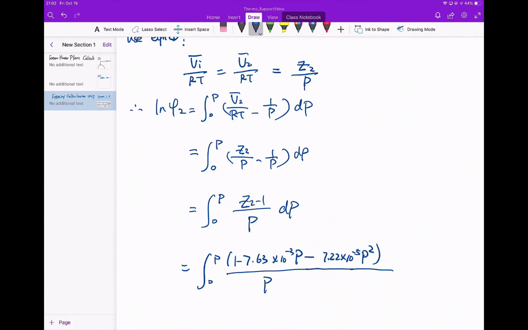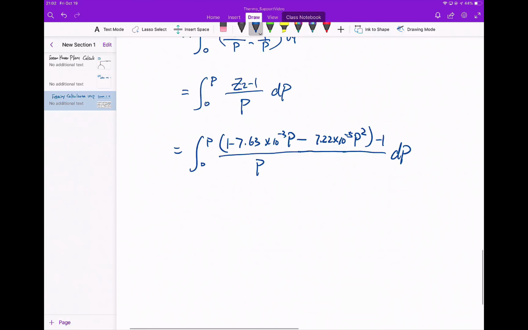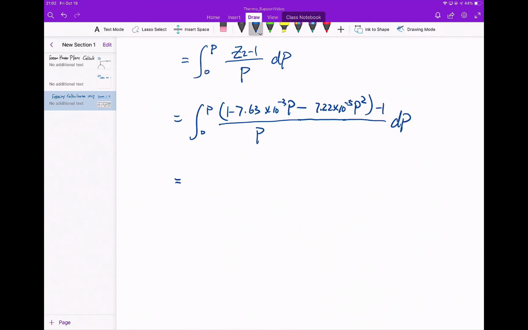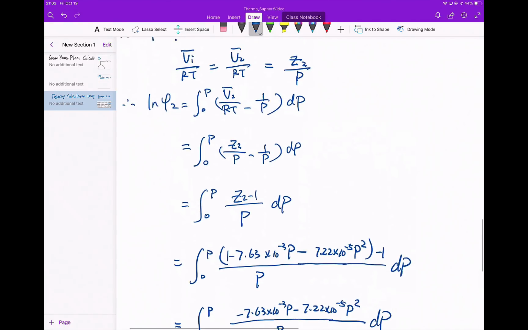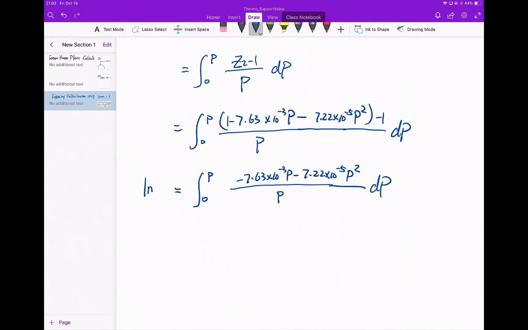This is Z2 minus 1 over P dP, from 0 to P, and then of course we are going to run this integration. This is log phi 2. Okay.